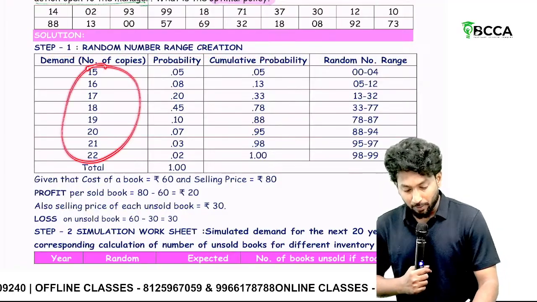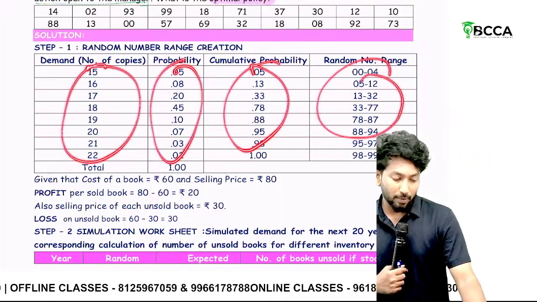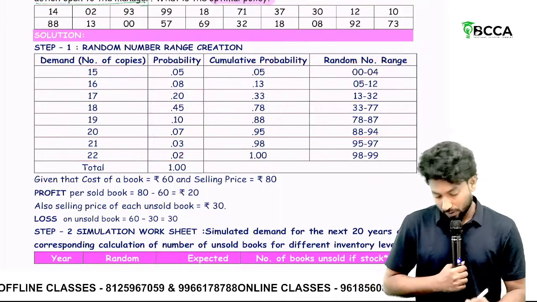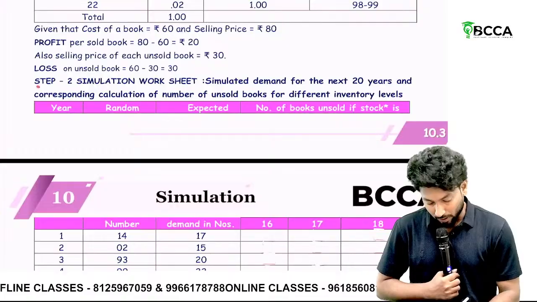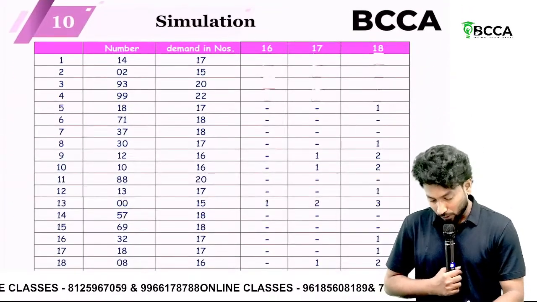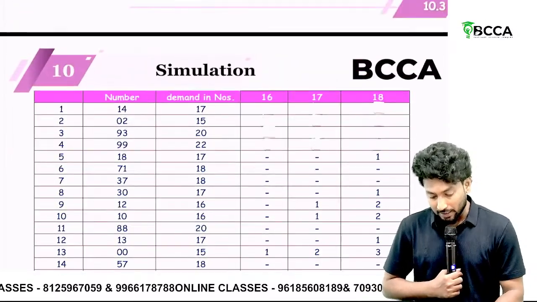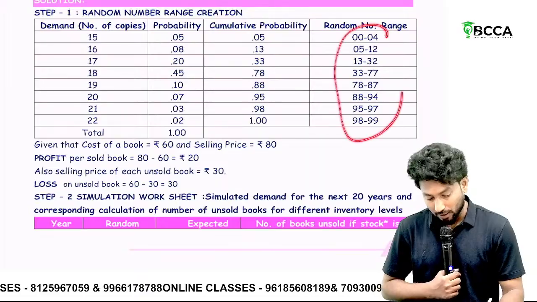Take the decision variables: demand, probabilities, cumulative probability, random number range. After completing step one, come to step two, the simulation worksheet. 20 random numbers are there. For each of the 20 random numbers, find it in the class intervals.